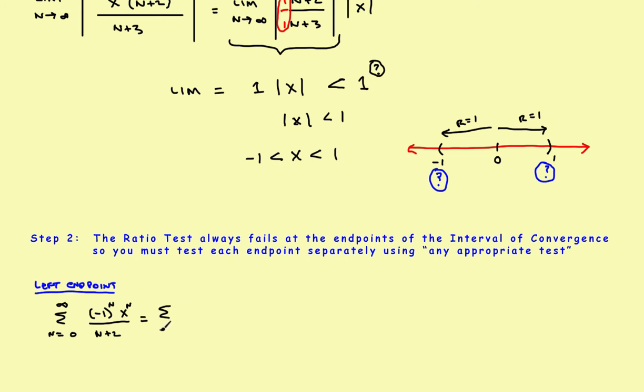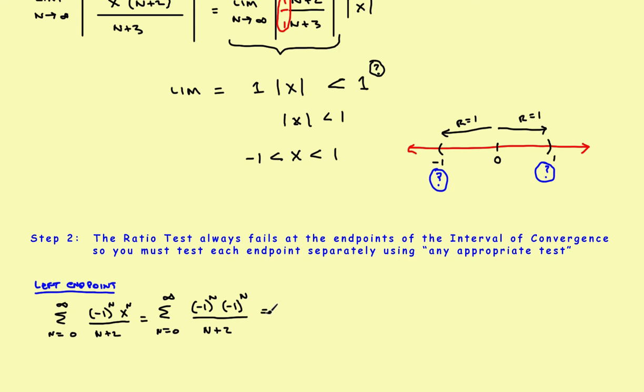So that's going to turn into this, from n equals 0 to infinity, and you've still got this negative 1 to the n divided by, and you're going to plug in a negative 1 right here to the n, and you've still got the n plus 2 in the bottom.